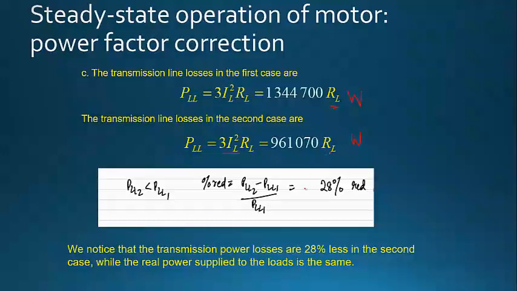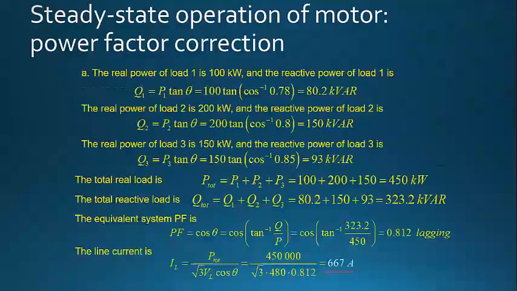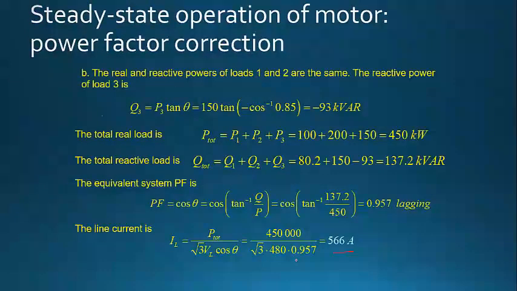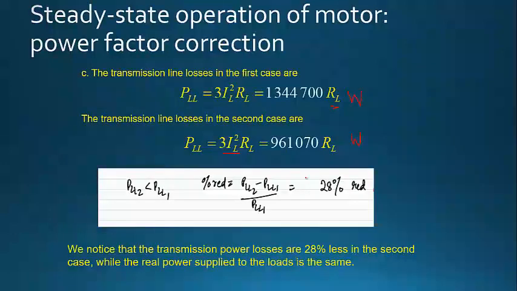Now the question says that we should compare the two values. How do these losses compare in the two cases? So let's see the percentage reduction when the power factor is improved, because you can see clearly that in the first case we had higher losses than in the second case.